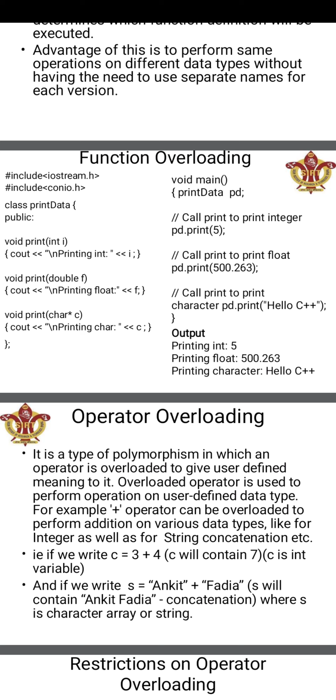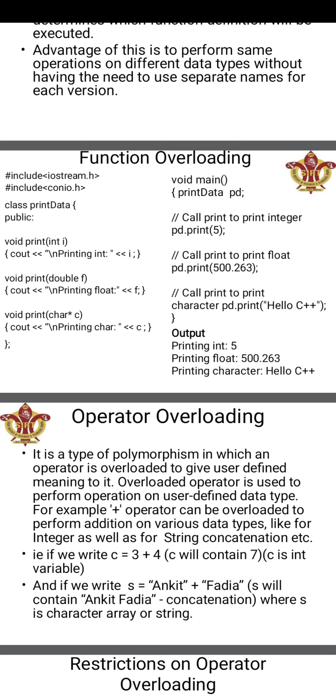In the main function, we define one object of type print data. Print data is the class name, and PD is our object of type print data. Now we use this PD to access the functions, and as we have already discussed, whatever variables and functions are present in the public section of the class can be accessed using the object name and the dot operator inside main.